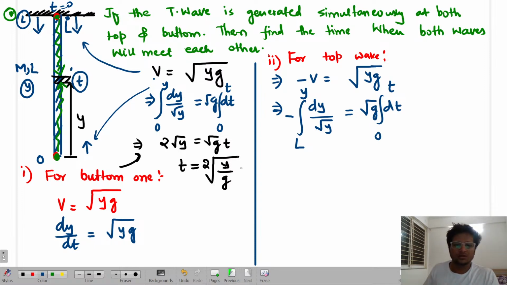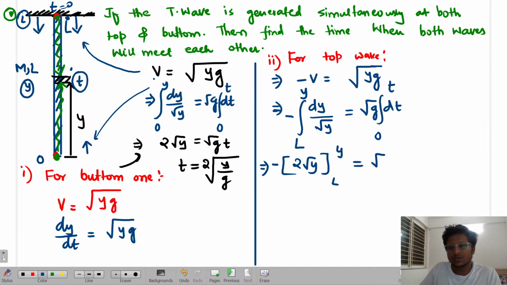Is that clear or not? So now write that equation. The integration of 1 by root y is 2 root under y, from L to y, and that equals root under g into time period t. Are you able to get me or not?